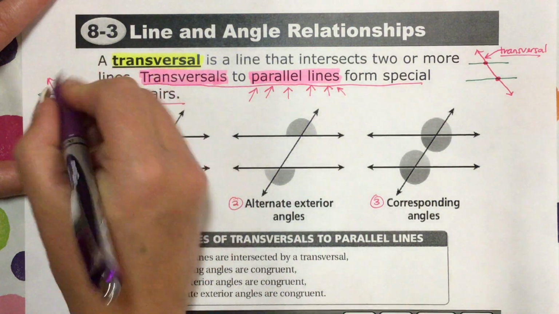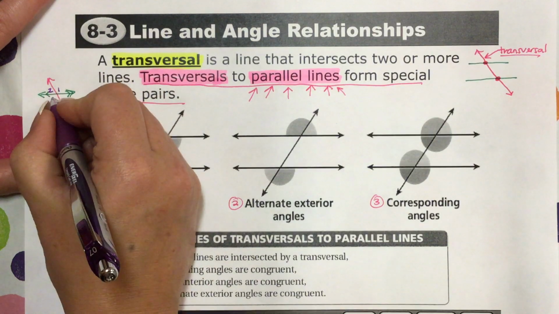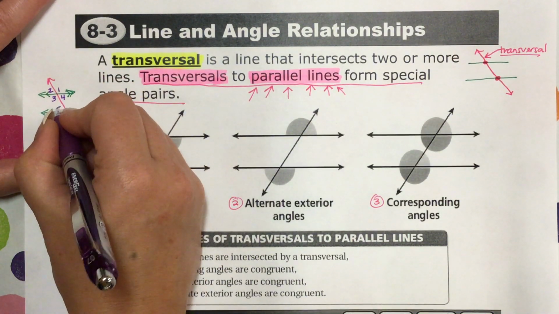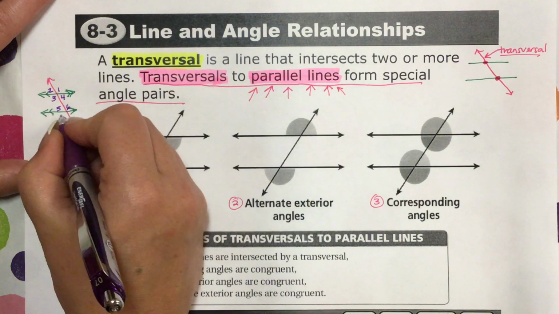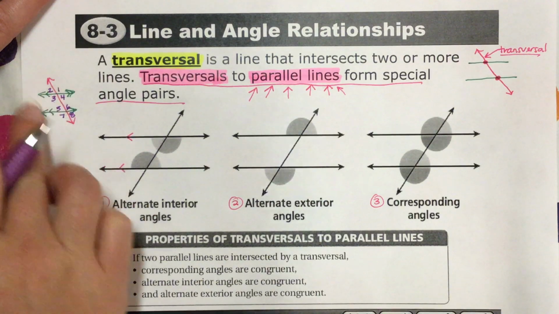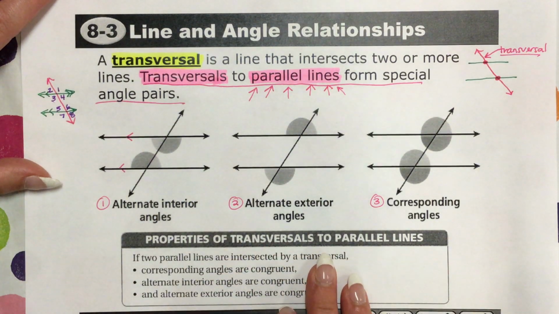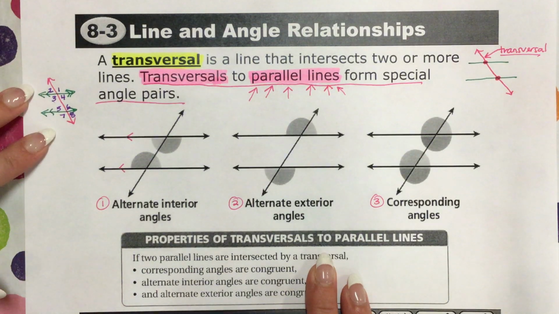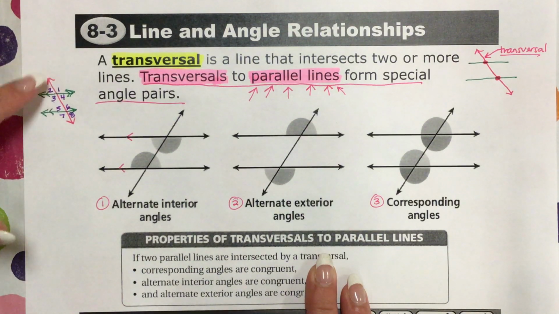This is angle 1, that's angle 2, this is angle 3, this is angle 4, this is angle 5, this is angle 6, angle 7, and angle 8. When that transversal intersected those 2 parallel lines or 2 lines, it just created 8 angles. That's a lot of angles. 1, 2, 3, 4, 5, 6, 7, 8.